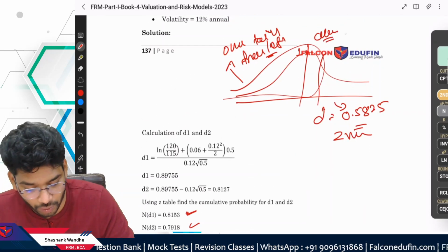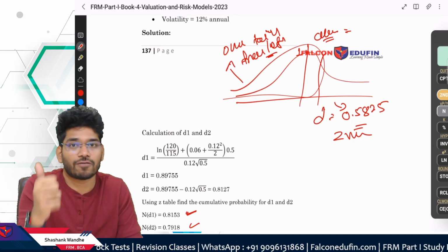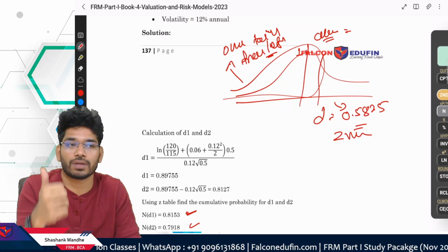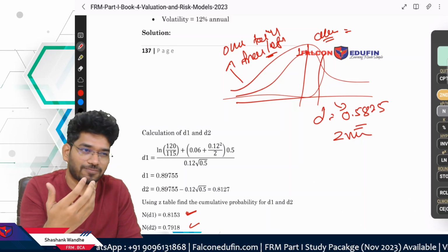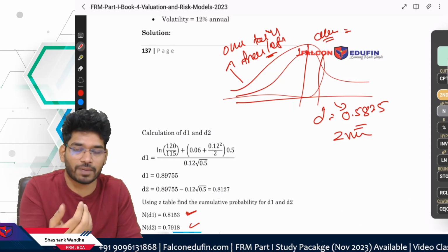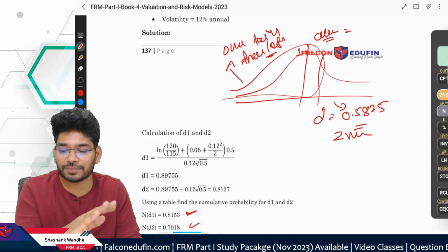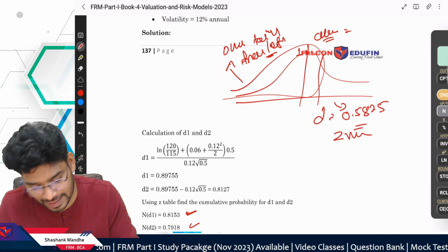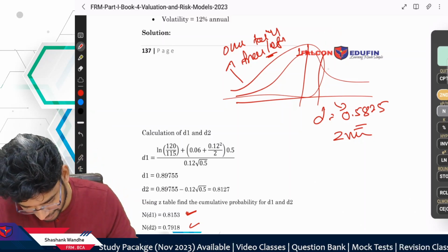So you have to find out the Z value. If you don't want to make a mistake in examination, this ND1, for the call option and even for the put option, is generally greater than 50%. Okay, don't use this particular shortcut because it is risky, and you should use it only in crisis time.